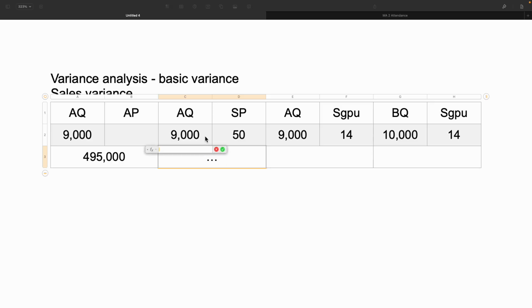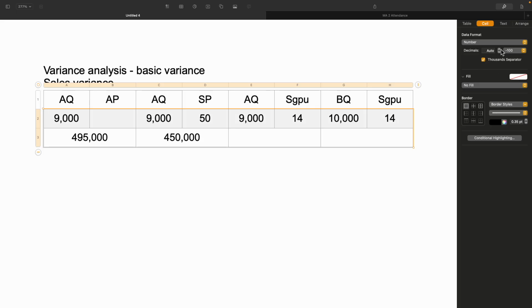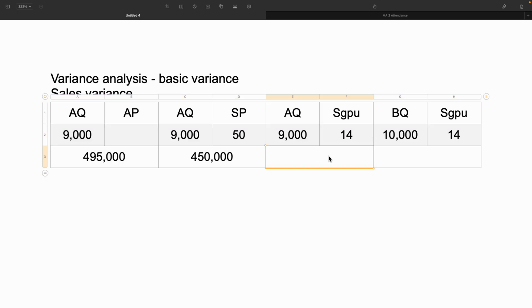So let's multiply that across. We get this multiplication, just multiply those numbers across.